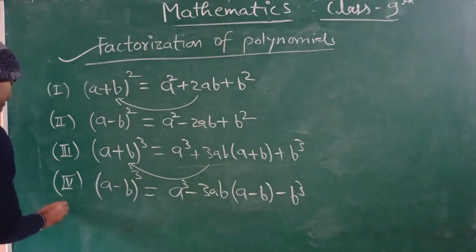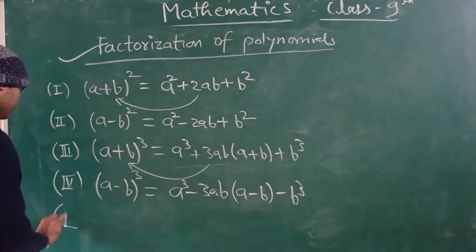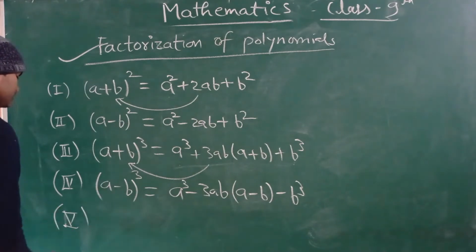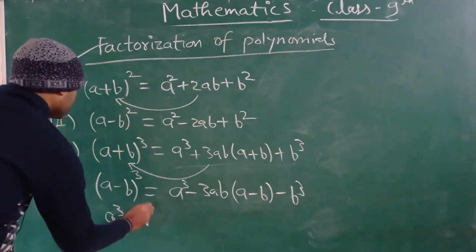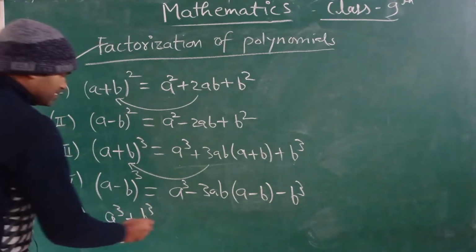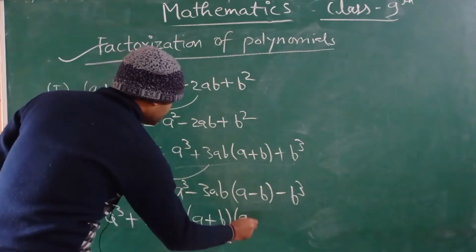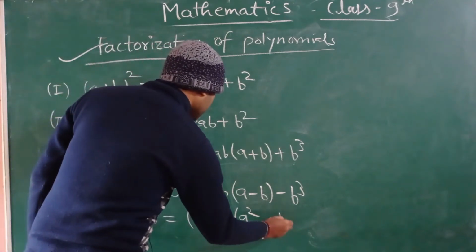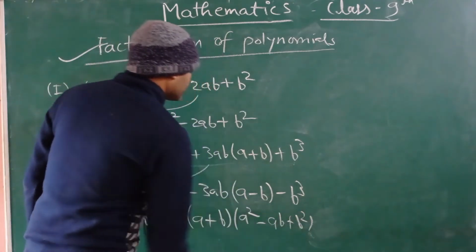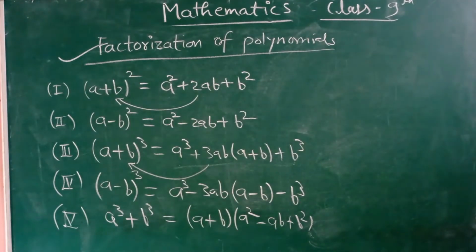The fourth formula, and after that the fifth formula is for factors of a cube plus b cube. A cube plus b cube is written as a plus b in the first bracket and in the second bracket a square minus ab plus b square. In case of a cube plus b cube, the second bracket contains minus ab.